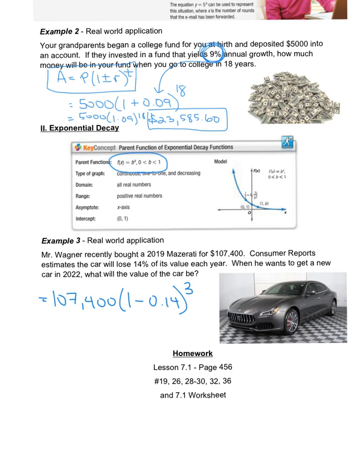So when we plug this in, again, we're looking at 107,400. 1 minus 0.14 is going to be 0.86. I'm left with essentially 86% of the value of my car each year I own it. I'm going to own it for 3 years until I want to trade it in and get a new one.